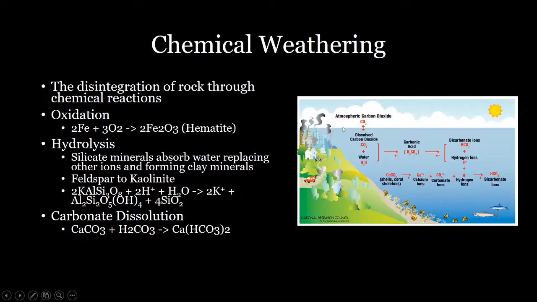The more carbon dioxide that the ocean absorbs, the more carbonic acid that's formed, and therefore the more dissolution that occurs with that calcium carbonate eroding away and not being able to be used by these organisms that make their shells.